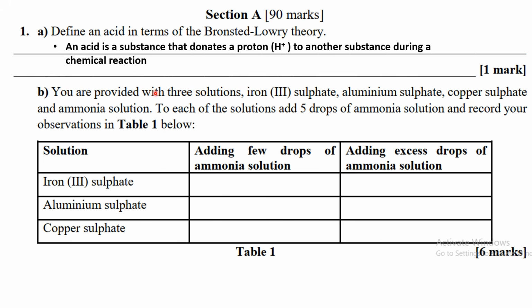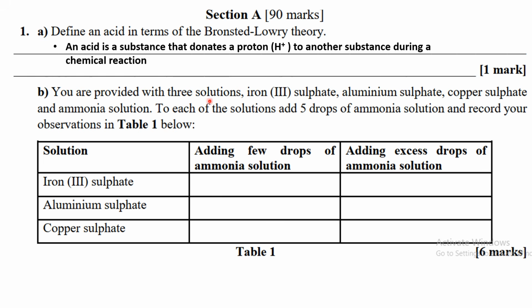In my opinion as the teacher, this question sounds like a practical question requiring candidates to do something. There's a direct command here which says add 5 drops, which means that the question is instructing students to do something, and this must be practical.